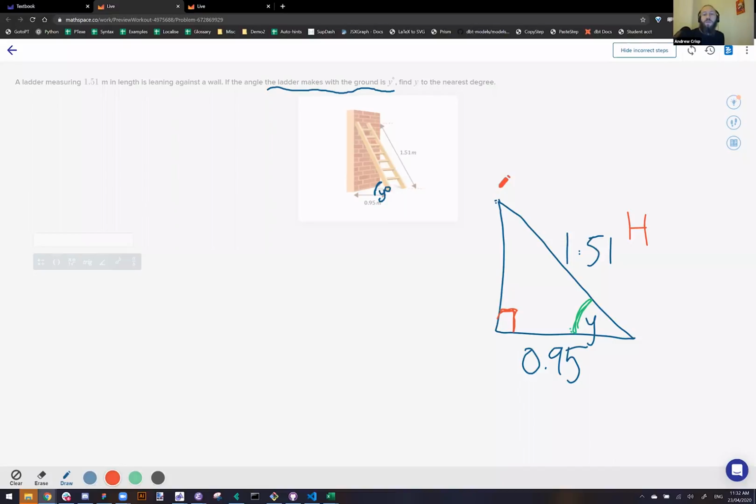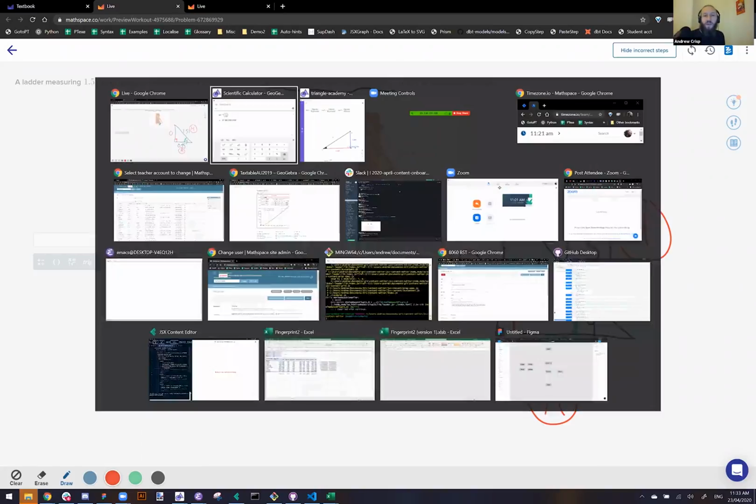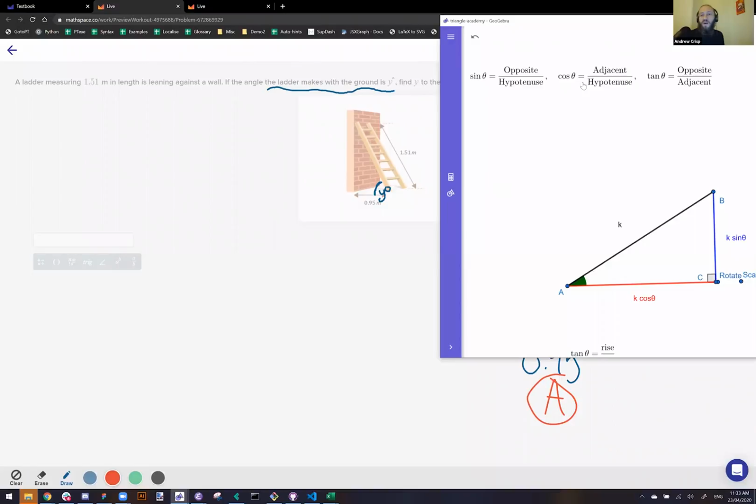Opposite the angle that I care about is O, and next to the angle I care about is A. So I've got this angle, and I've got these two sides, A and H. What joins adjacent and hypotenuse together? Let's just go back and check. Cos theta joins adjacent and hypotenuse together.